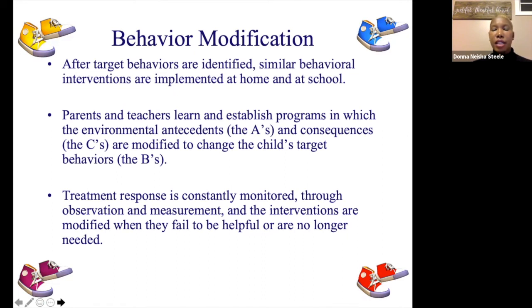Treatment response is constantly monitored through observation and measurement, and the interventions are modified when they fail to be helpful or are no longer needed. So, kind of like when you go to a doctor. If your treatment is working, you may slowly reduce it, and the doctor may say, okay, when you get to 4 weeks, start taking 2 pills as opposed to the 4 that you started off with.